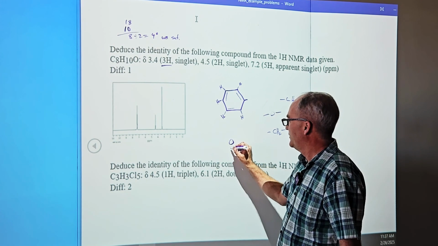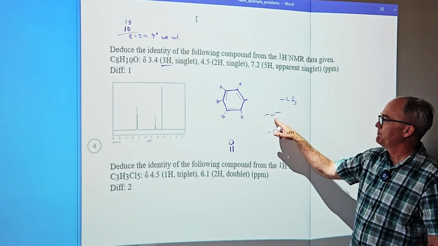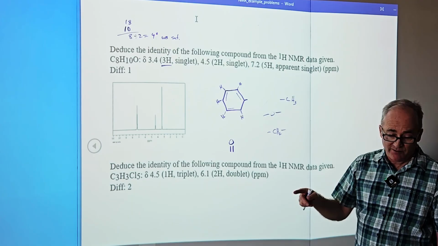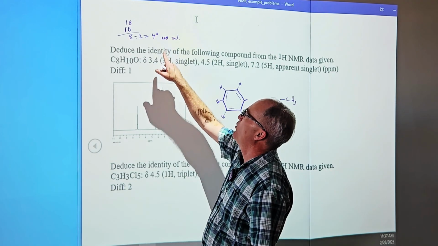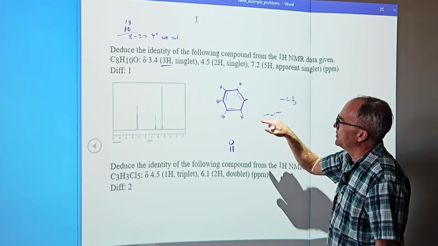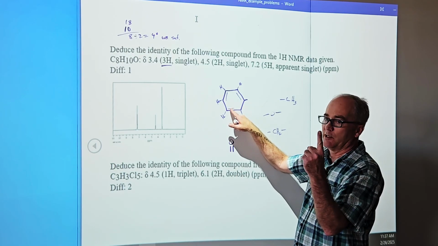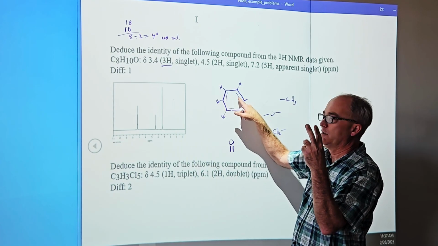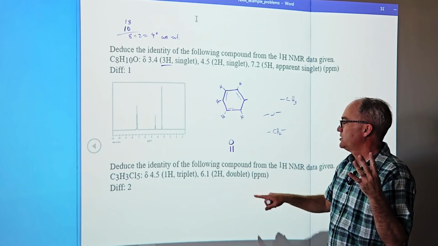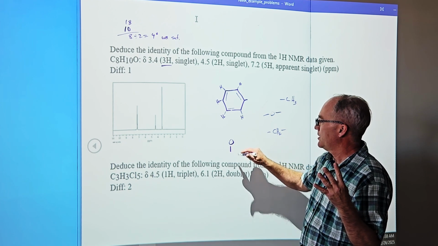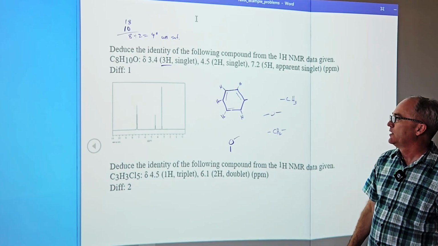Just to play devil's advocate, do I want this type of oxygen or this type? Well, let's go back to the very first thing I do, which is look at the degrees of unsaturation. We have 4, and we have a benzene ring, and so I can count my degrees of unsaturation. I have double bond, double bond, double bond, and then a ring. So I got my 4 degrees of unsaturation, so that means I might as well use an oxygen that doesn't have any double bonds.